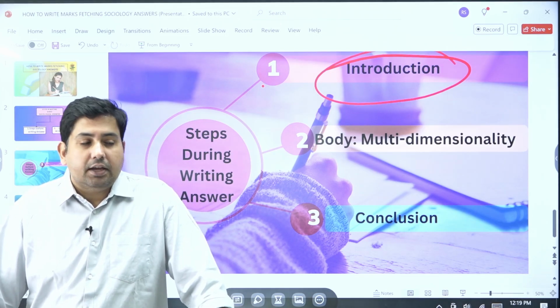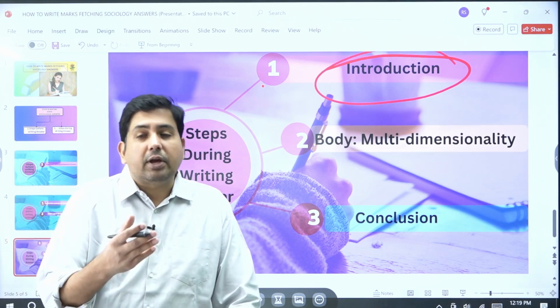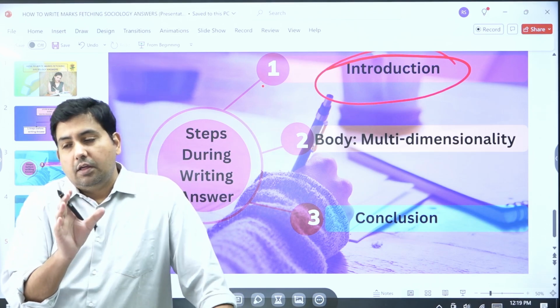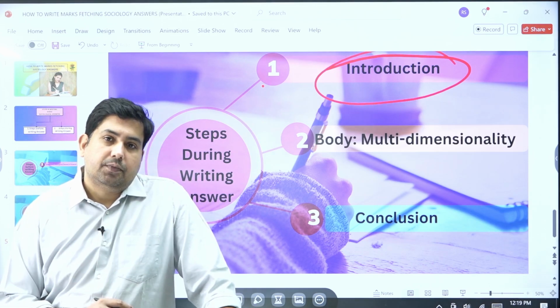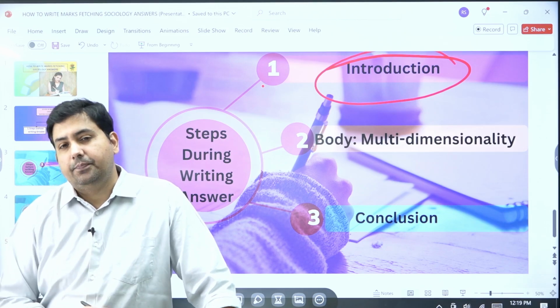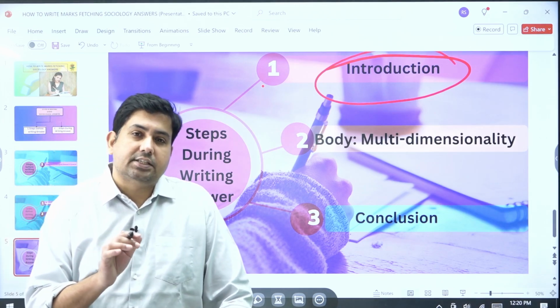Here one thing you can also do in the introduction: you can define key terms, introduce the main argument or thesis, and you can also provide the context. But here you have to be concise and impactful.